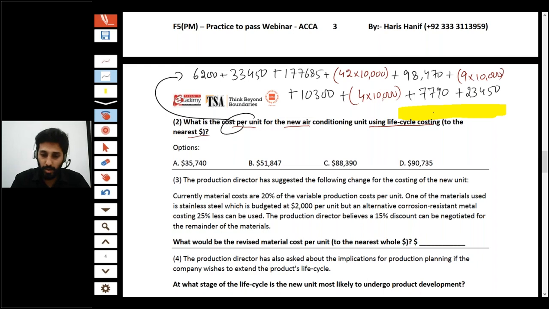It is 907,345, and see that all these costs are ignoring triple zero, because we are not taking the triple zero.